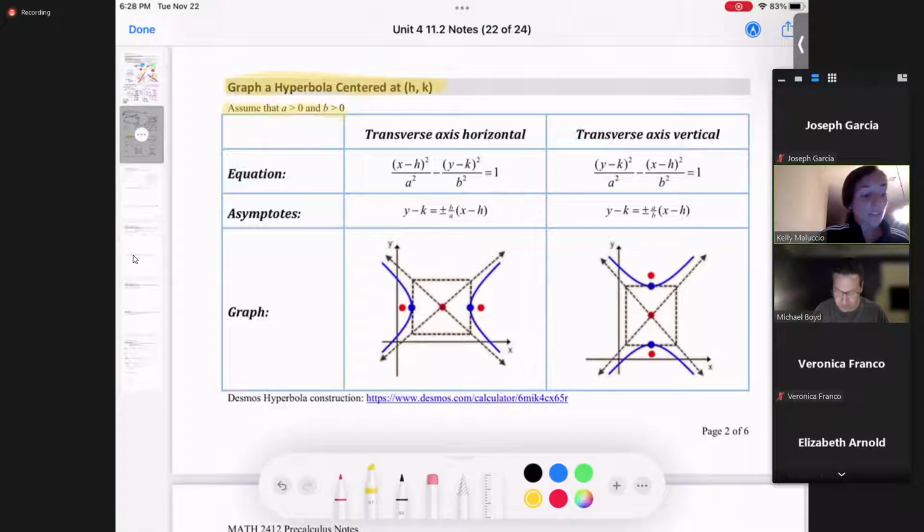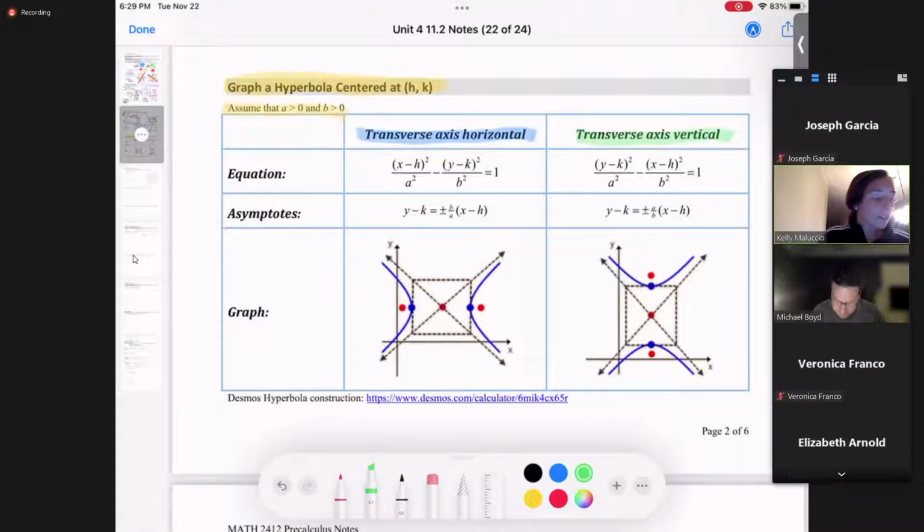now if we're centered at (h, k), we no longer have the x and y axes as our reference because we're not centered at the origin, right? So we either have a transverse axis that is horizontal, similar to the x-axis but not the same, or a transverse axis that is vertical, similar to the y-axis but shifted left or right, right?